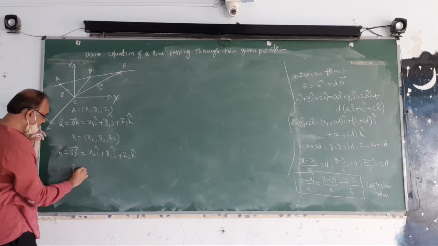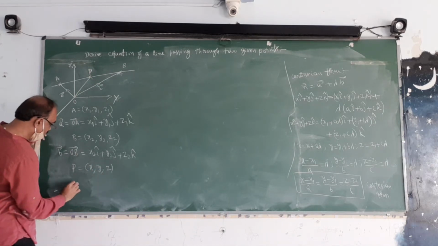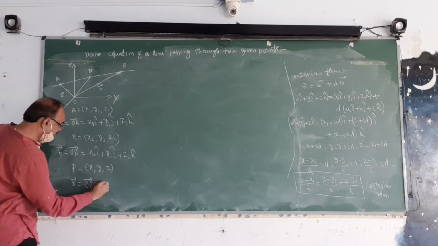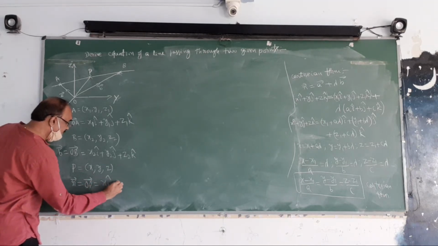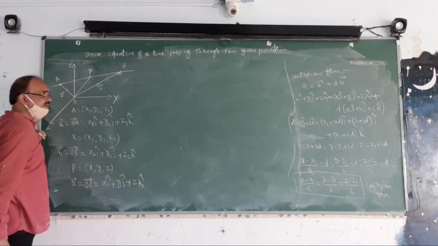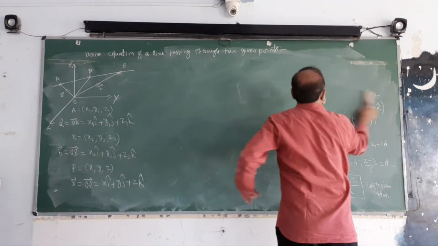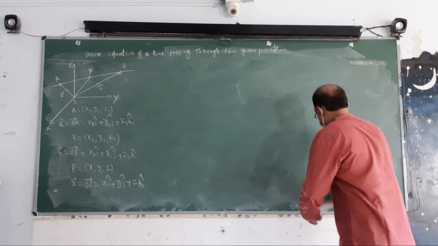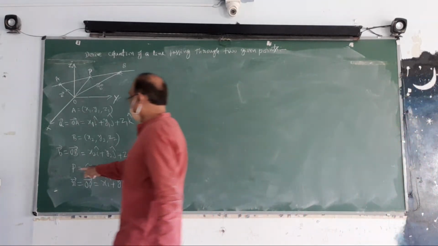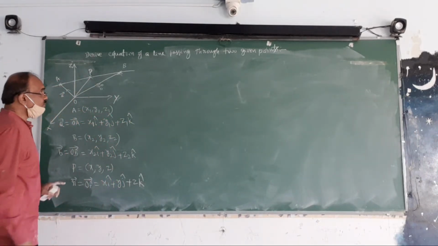P is a general point x, y, z, and R equals OP equals x i plus y j plus z k. This much you should write using symbols and the diagram. Now your logic will come. How do you find this P or R?